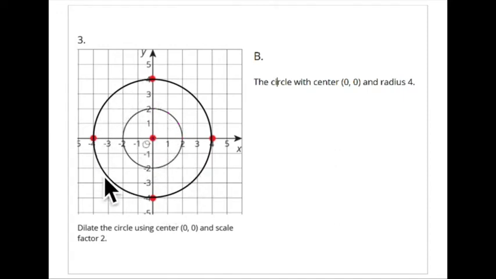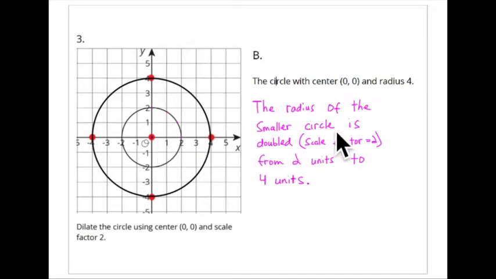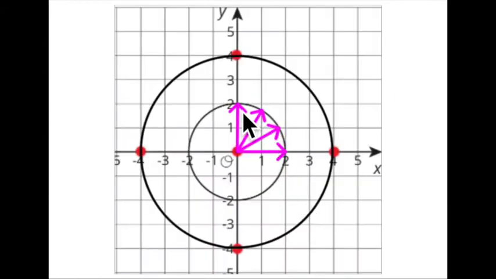So each point on this circle now has a length of 4 units, which is the radius of the scaled circle. So the radius of the smaller circle is doubled, scale factor of 2, from 2 units to 4 units. So each one of these lengths gets doubled from 2 units to 4 units all the way around.